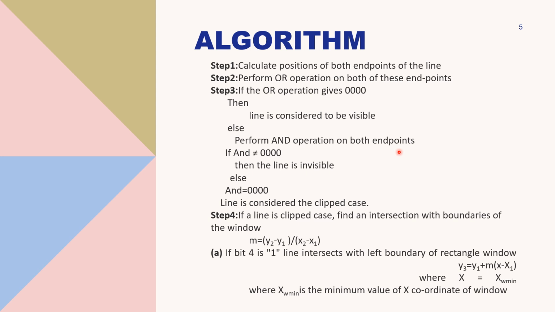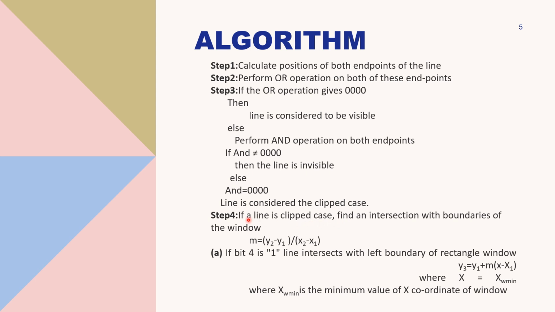If the AND operation doesn't give us 0000, then we can say that the line is invisible, meaning it is out of the window. Else, if the AND operation gives us 0000, we can say that the line is partially inside, or considered a clipped case, meaning half of the line is inside the window and half of the line is outside the window.